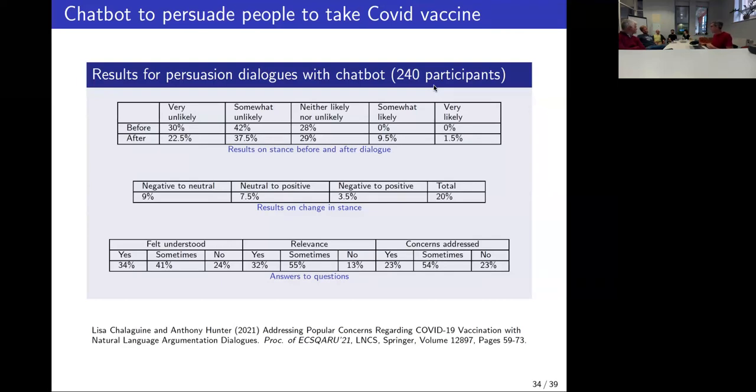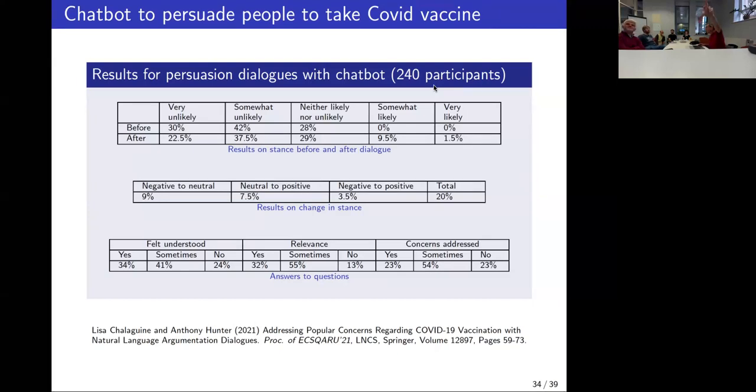And they were negative or neutral to start? No, if you look at the top box, that's the 5-point Likert scale. Before, 30% were very unlikely, 42% were somewhat unlikely. So nobody was positive before. That might have been some filtering, actually. It would make sense, if you're persuading positively, to only choose people who would.